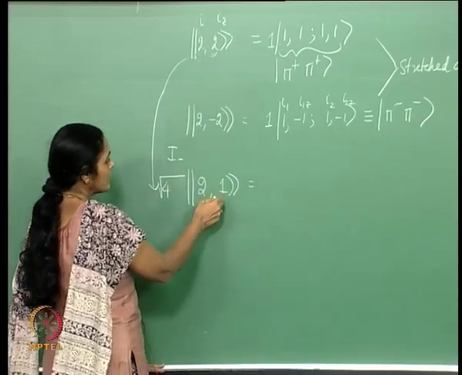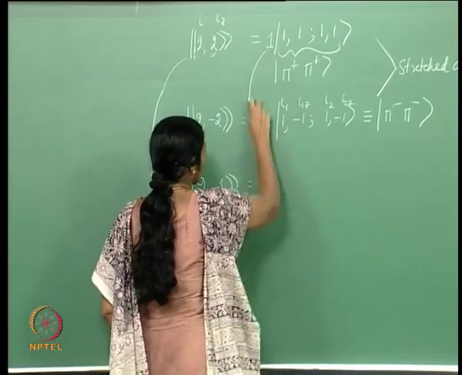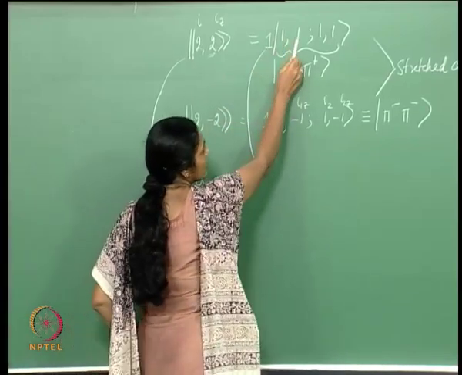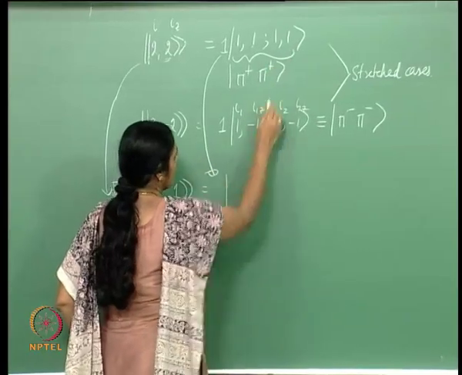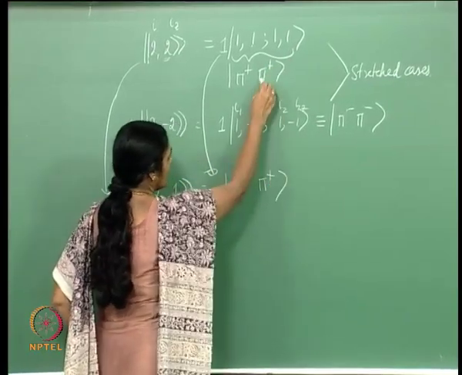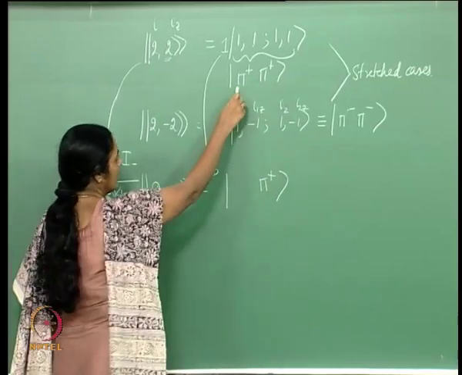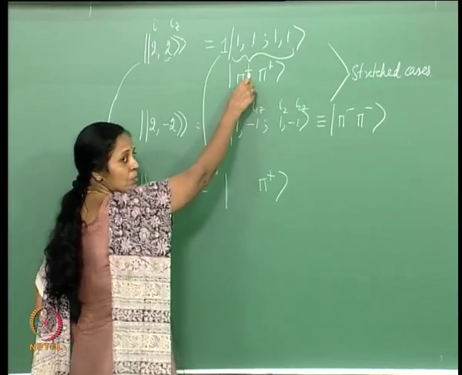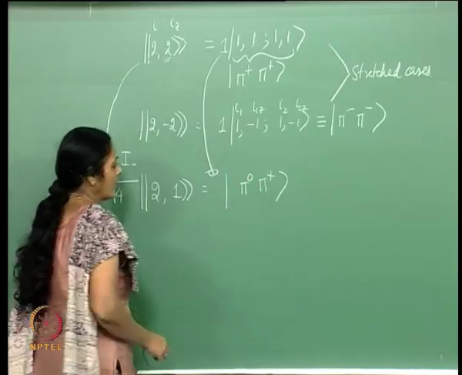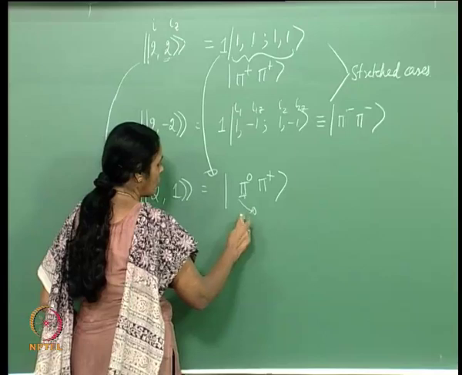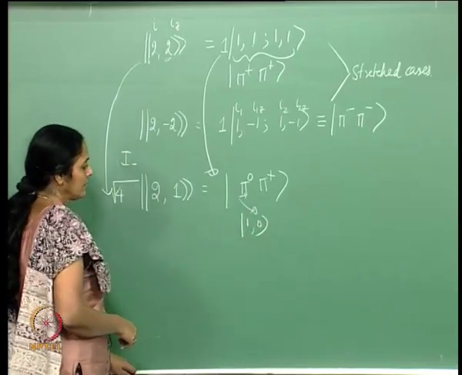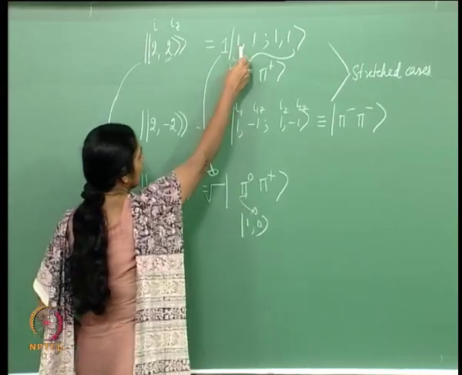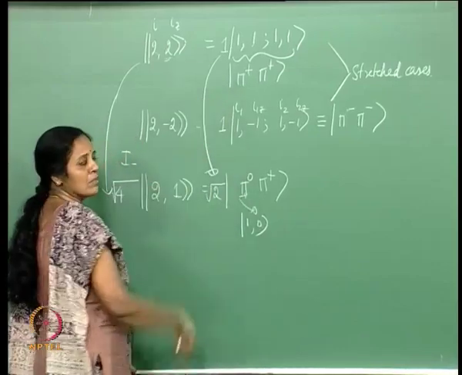So that gives me the state 2, 1, and on this side I have to work with I1 minus on this state, keeping this state fixed. In terms of particle content, the second entry is not changed. The first entry, the I1z value is brought down by 1, and therefore I go to pi 0, because pi 0 you will recall is a 1, 0. This is I1 and that's I1z now. And what is the coefficient? It is a 1 plus 1 times a 1 minus 1 plus 1.